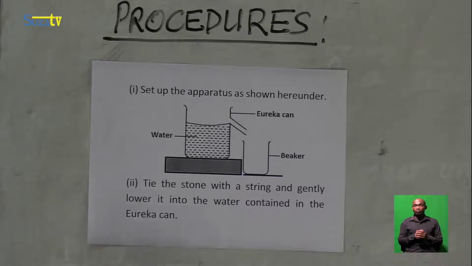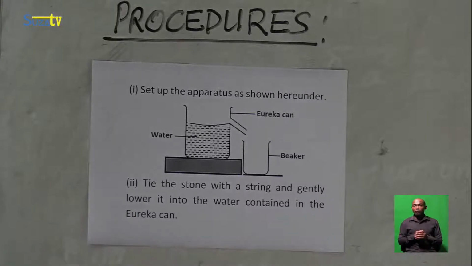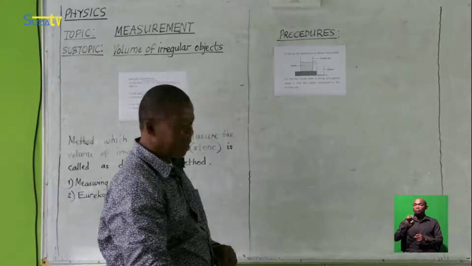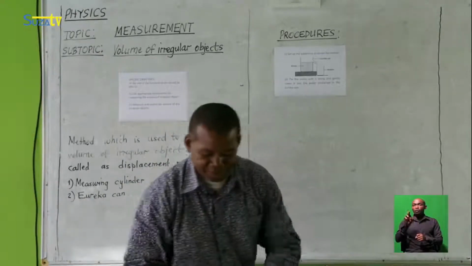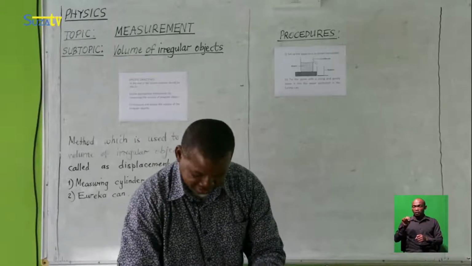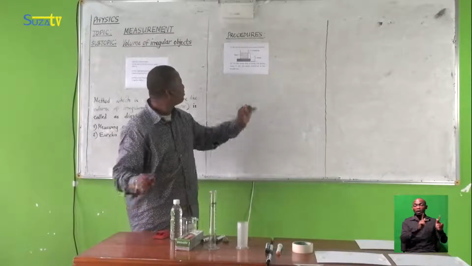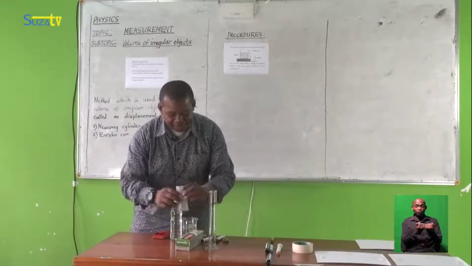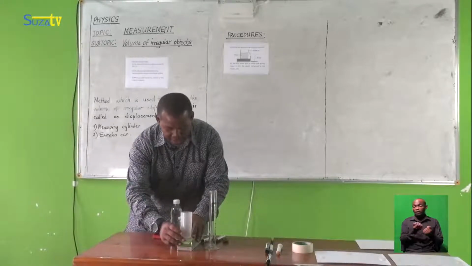So we have water within the bottle. We have the beaker. This is our beaker. We have the Eureka can. So we can find the support like this one. In order to have this setting, we place the Eureka can in this way.